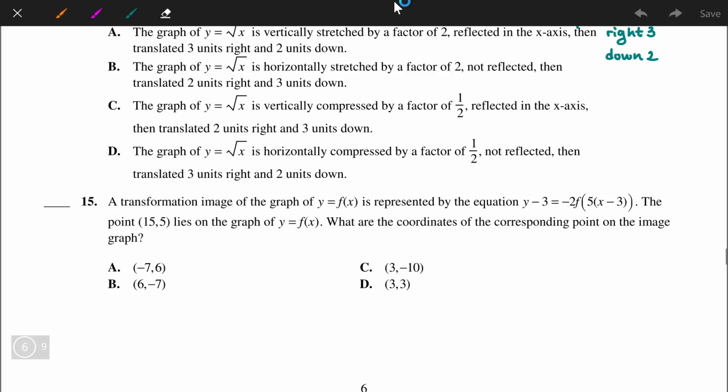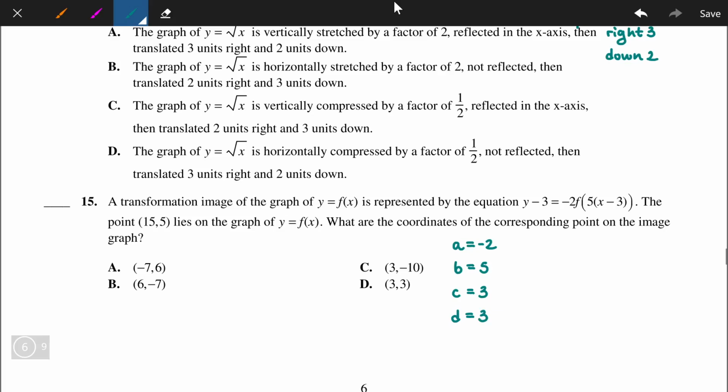Alrighty. So in this case, we know that a is equal to -2, b is equal to 5, c is equal to 3, and d is equal to 3 as well.